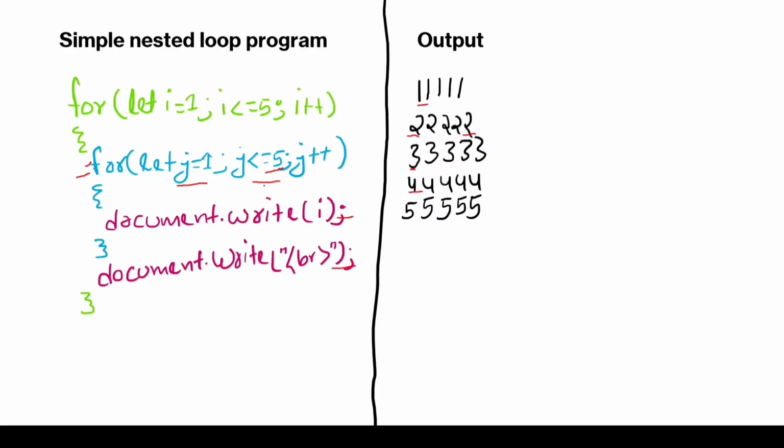Then it increments the value of i to 4, then checks the condition, which is still true, then it prints with the help of this for loop, and after that it comes to this line because of this break.